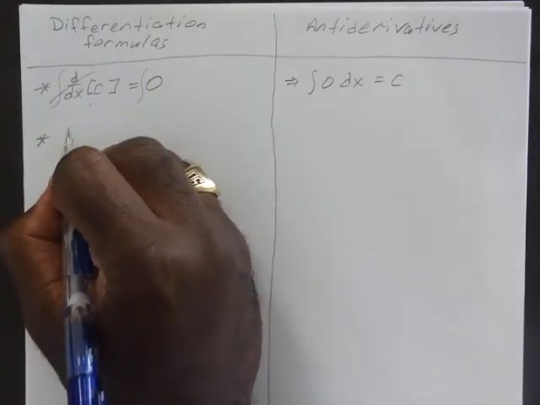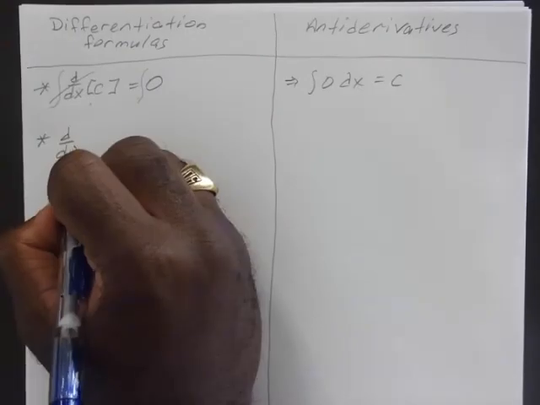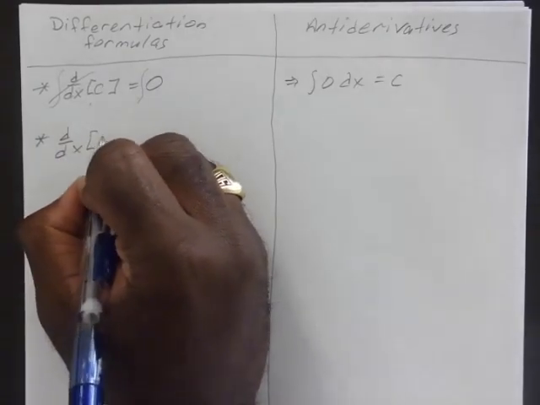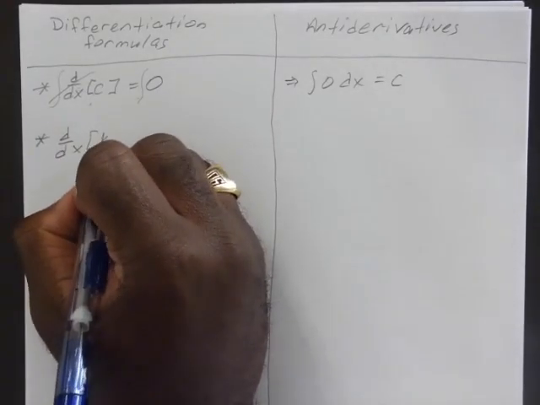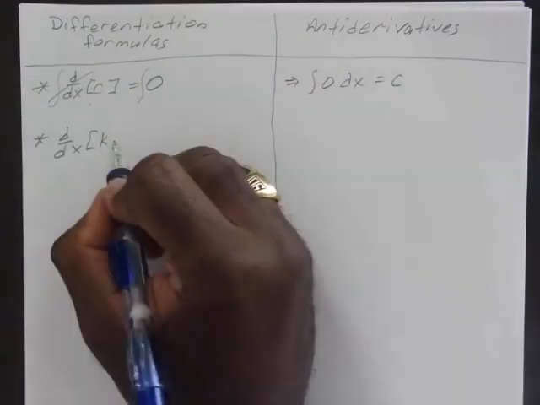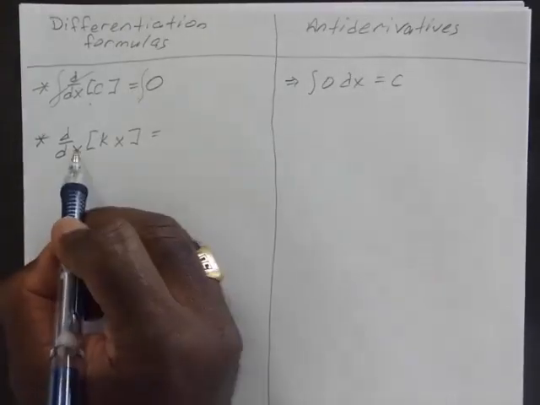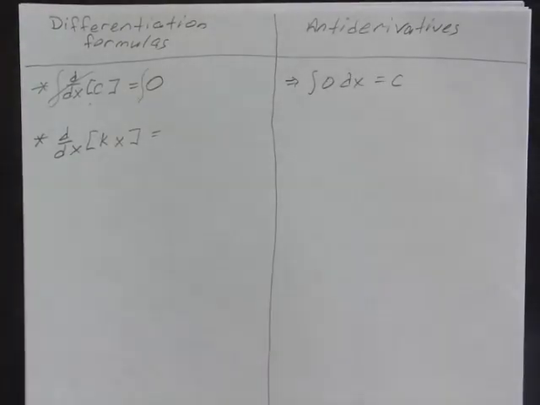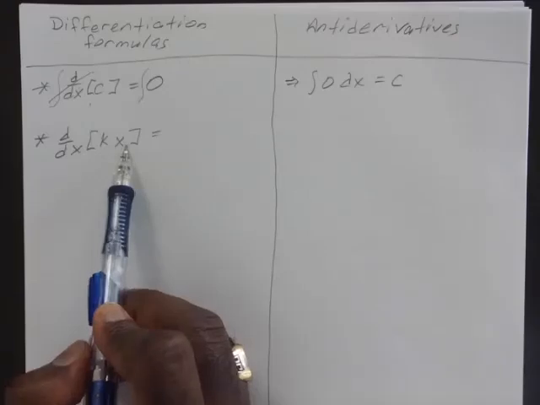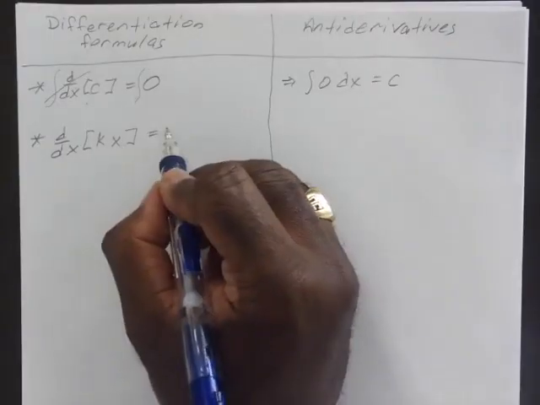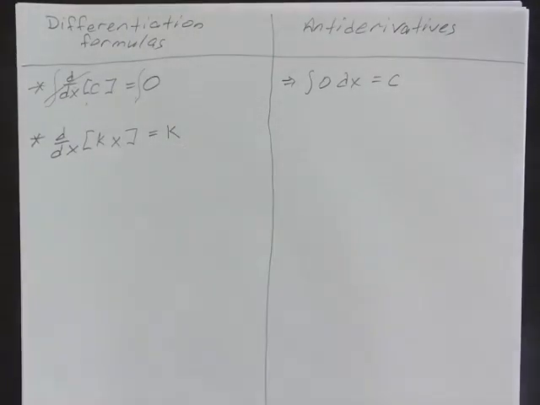Or what if we have the derivative with respect to x of some constant, we'll call it k, times x? Well, we know the derivative of x is just 1, so that'll be k times 1, which is just that value, k.